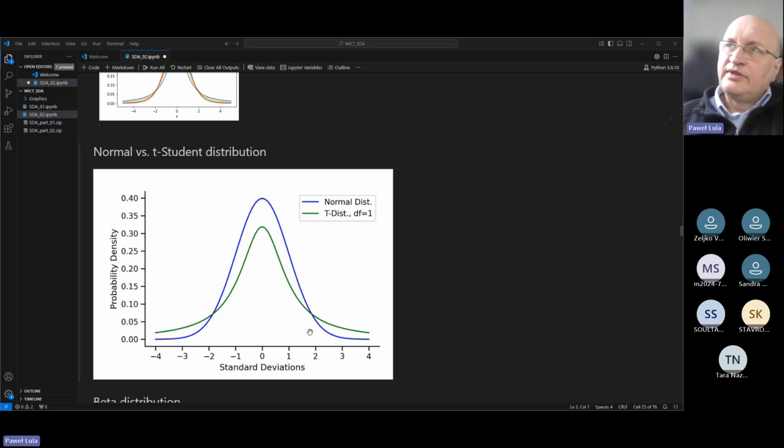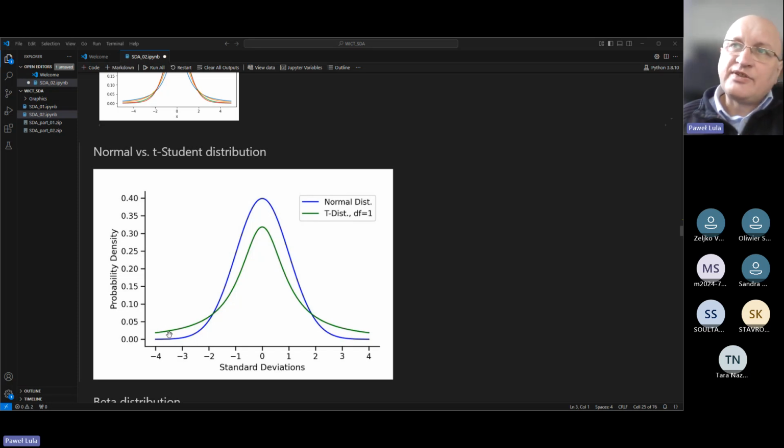And the second difference we see at the ends of this graph. Here, this green line for t-student distribution is higher than for normal distribution.